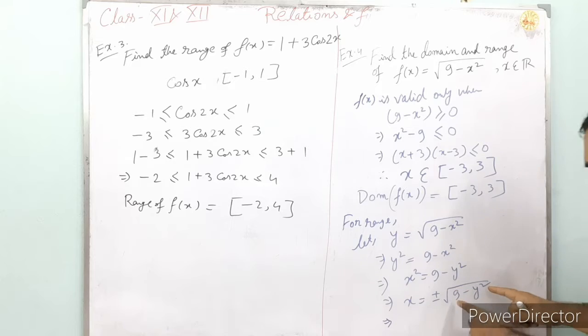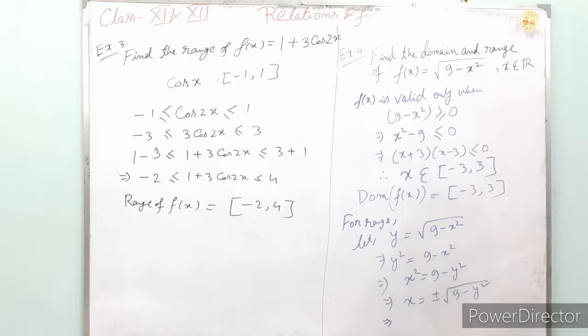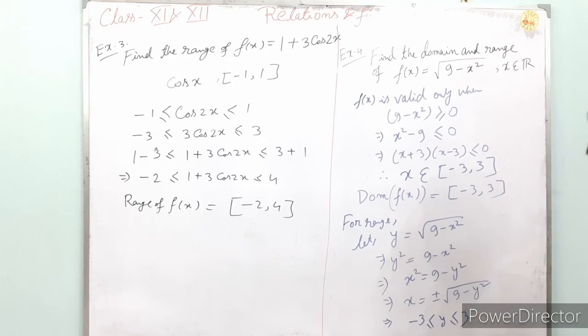We have to make this 9 minus y square always greater than or equal to 0. So for making 9 minus y square greater than or equal to 0, we have to take y from minus 3 less than or equal to y less than or equal to 3. Now x is coming from minus 3 to 3.